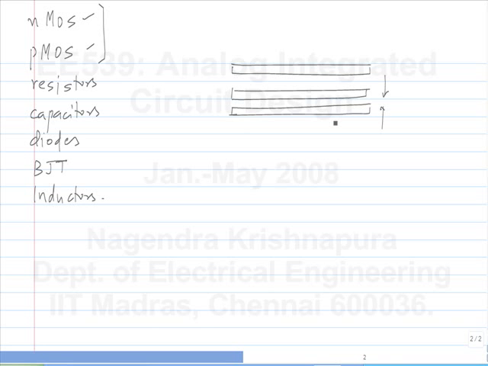Again, the capacitance between two layers is dependent on the area and the thickness, but you have no control over the thickness.